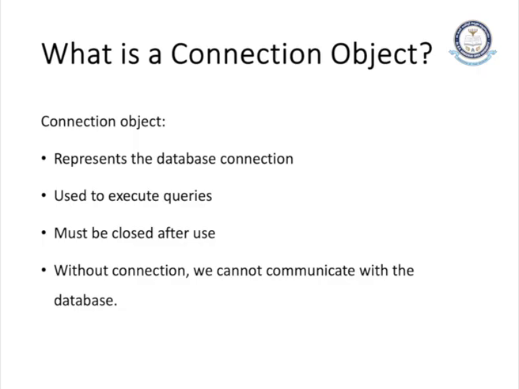At the time of executing the queries, we need to use that connection object name, and that connection must be closed after executing the queries. Next point about the connection object is, without connection we cannot communicate with the database. Obviously this is very simple. Before implementing any actions, first you need to maintain the connection from the Python program to the database. Without creating the connection, we cannot execute any queries.